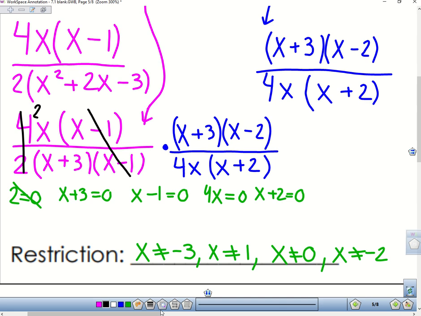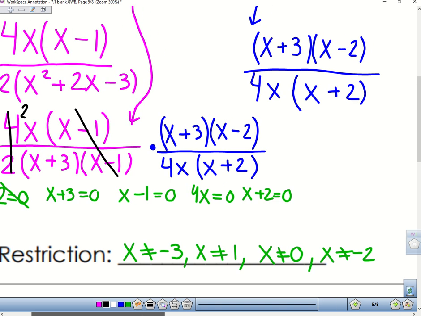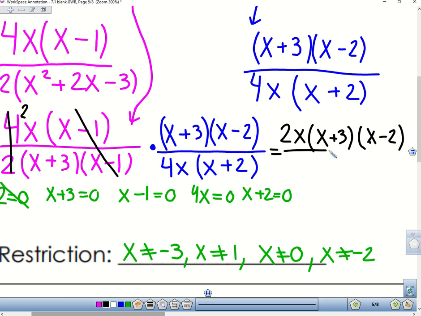So then from here, there's nothing else I can cancel out here, so I'm just going to multiply everything together. All I'm going to do is list everything in the numerator on one big fraction. So that's 2x, because remember we just replaced this 4 with 2, times x plus 3 times x minus 2, all over, these two canceled, all I have left over here is the x plus 3.